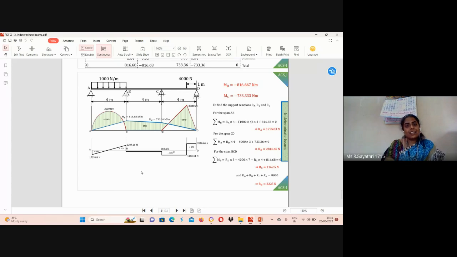Okay, please listen. Very simple approach only. We can consider span AB and CD. Here we can see two more reaction forces RB and RC. It is clueless, so we can start from known approach, that is span AB contains UDL, span CD contains point load.